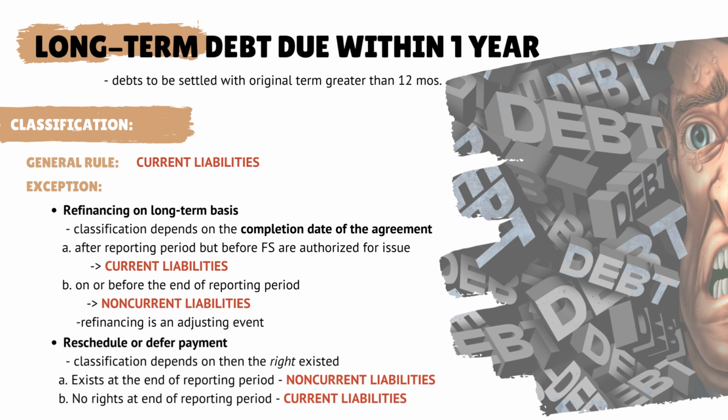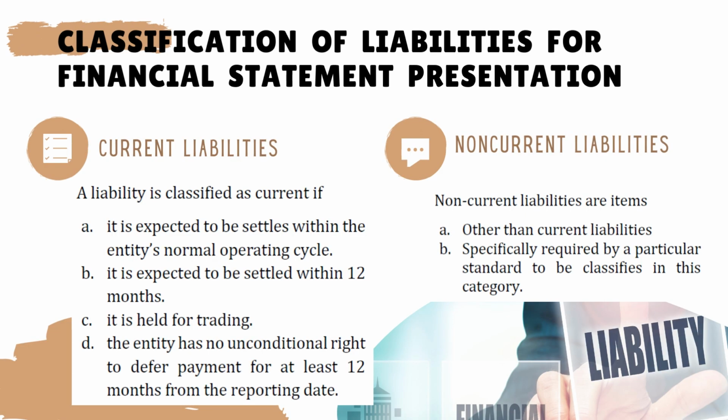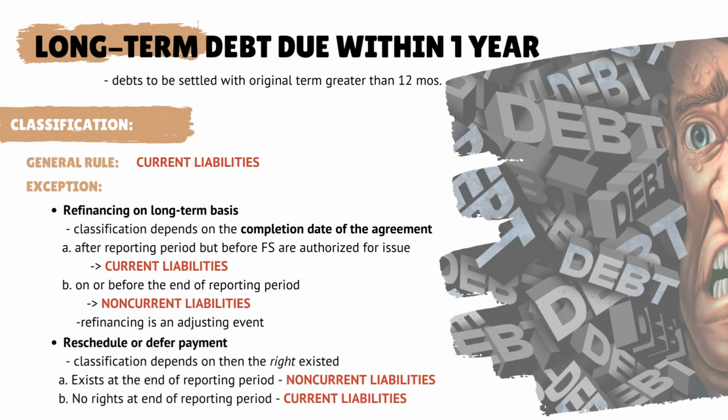Okay? Since it now falls under letter B, it is expected to be settled within 12 months. That is why the general rule is that it is now considered a current liability. But for every rule, there is always an exception.